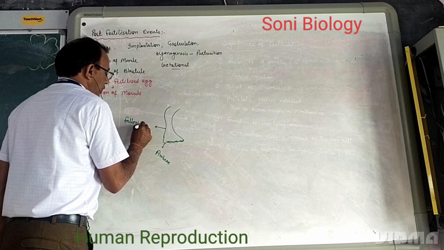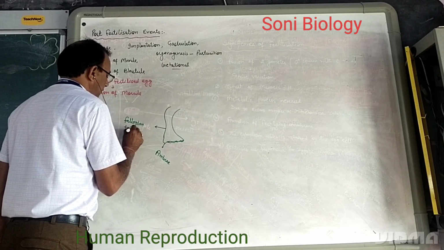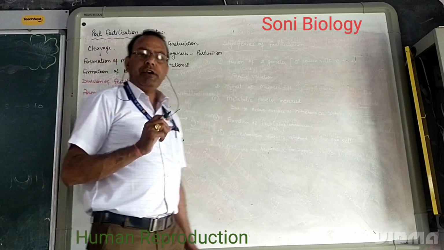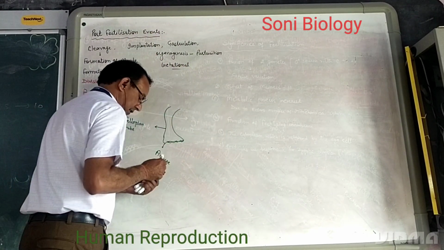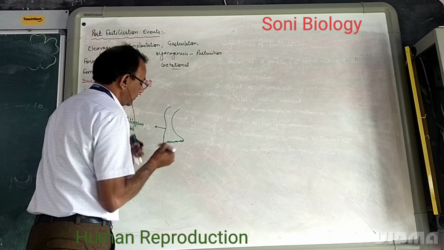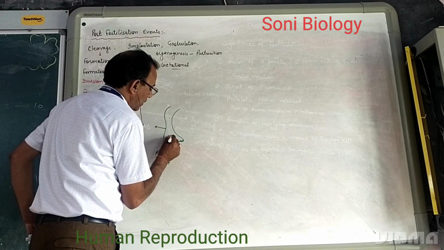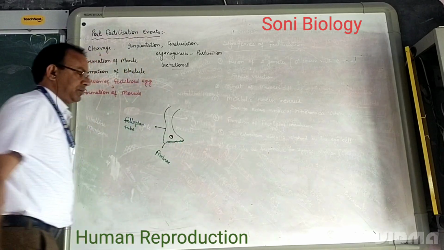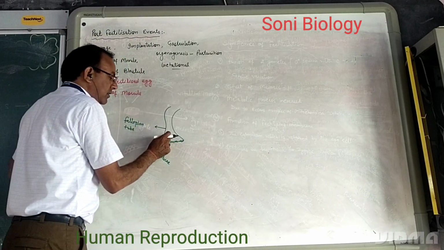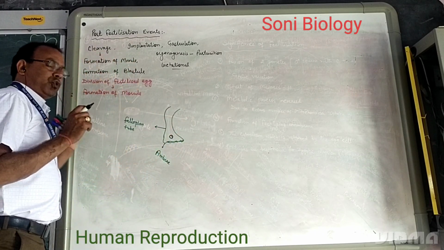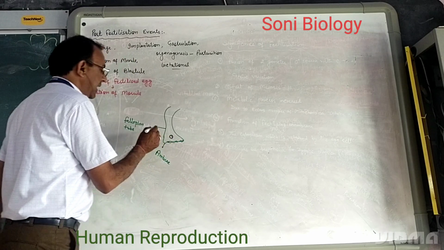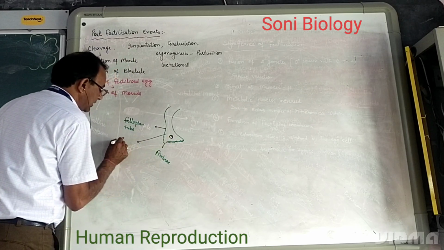We know that the fallopian tube or oviduct contains three regions: infundibulum, ampulla, and isthmus. As the egg moves through the fallopian tube, the movement it shows is called peristalsis movement.